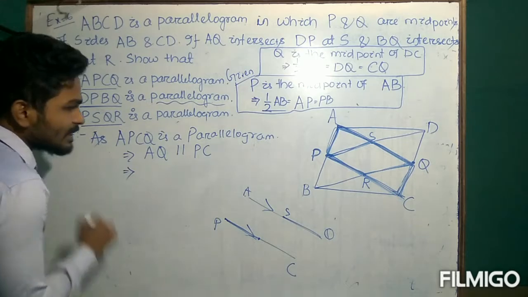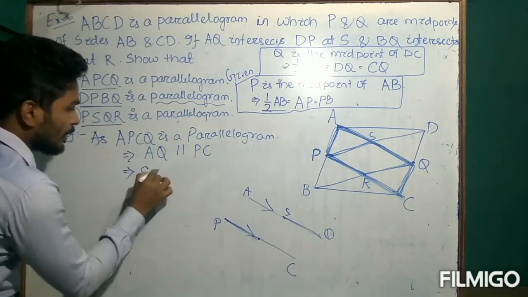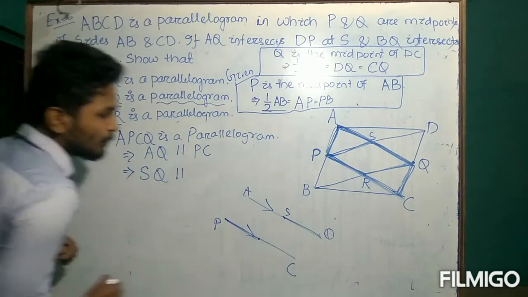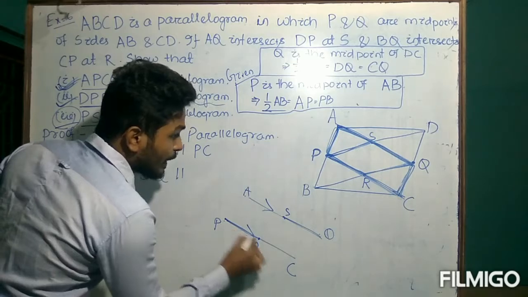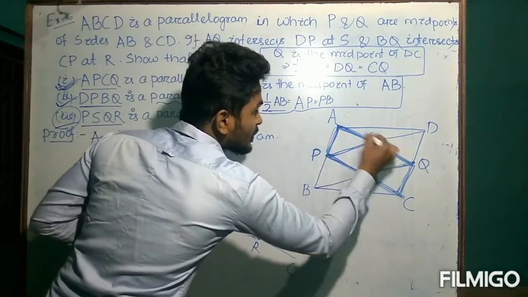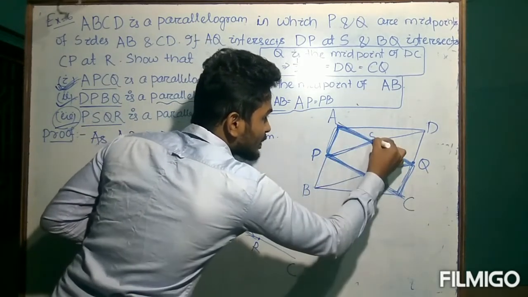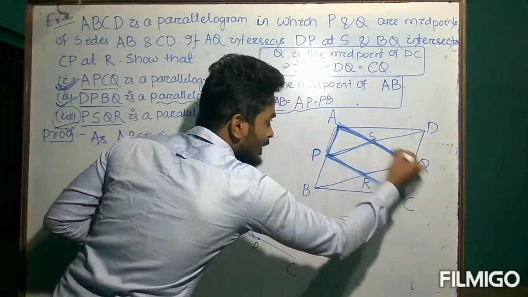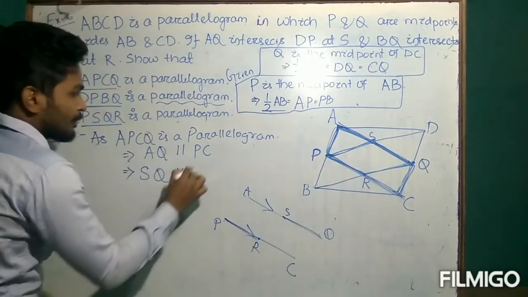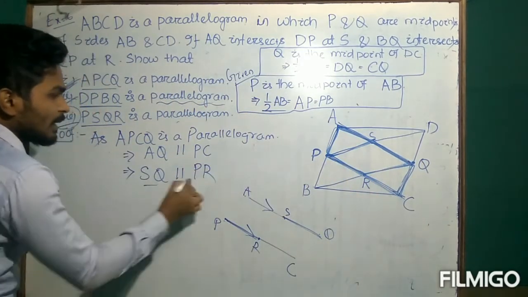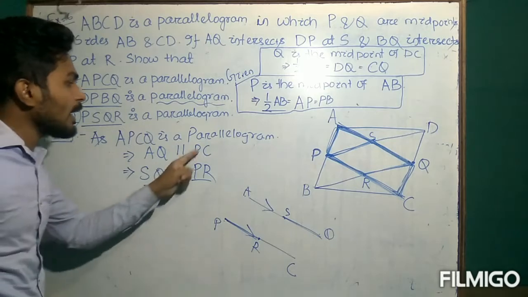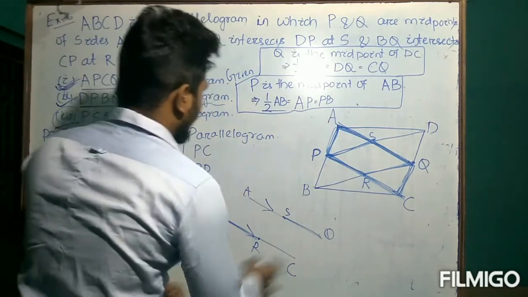So we can write that SQ is parallel to what? PR. SQ is a part of AQ, so SQ is parallel to PR, because both SQ and PR are parts of AQ and PC respectively.